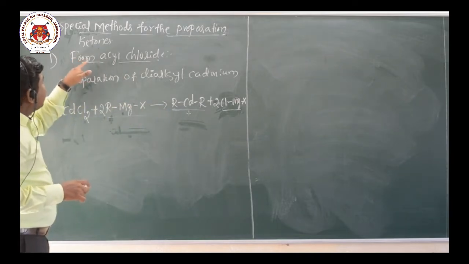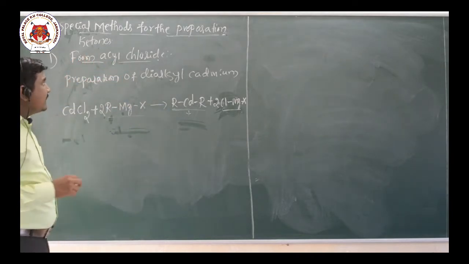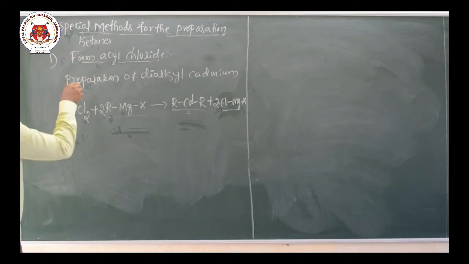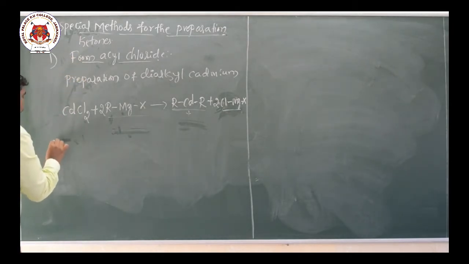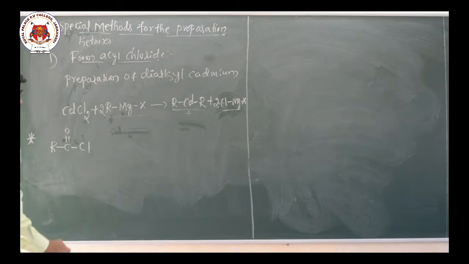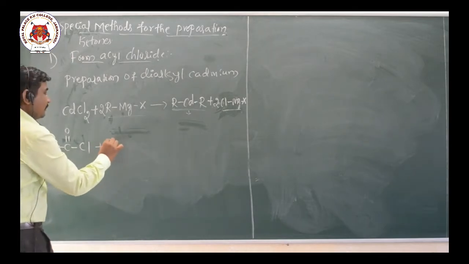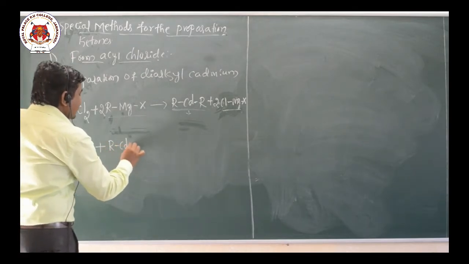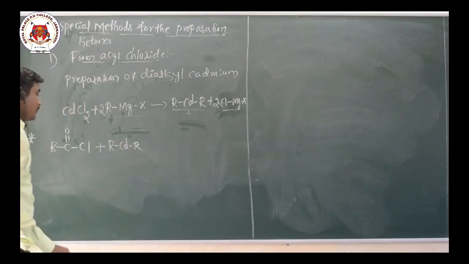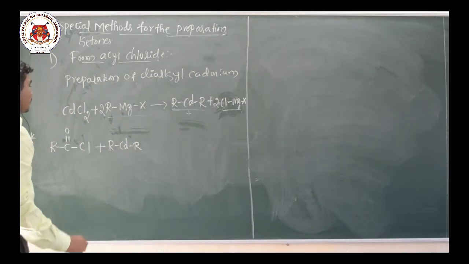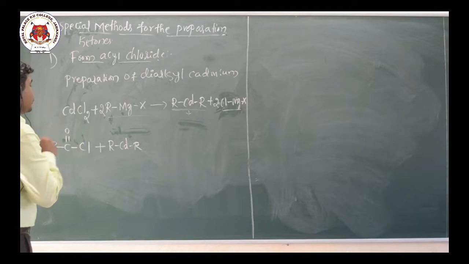Now, the preparation of ketone from acyl chloride. I will write the reaction for the preparation of ketone from acyl chloride. You know the general formula for the acyl chloride. So this is the reaction. Acyl chloride reacts with dialkyl cadmium, and a ketone will be formed.